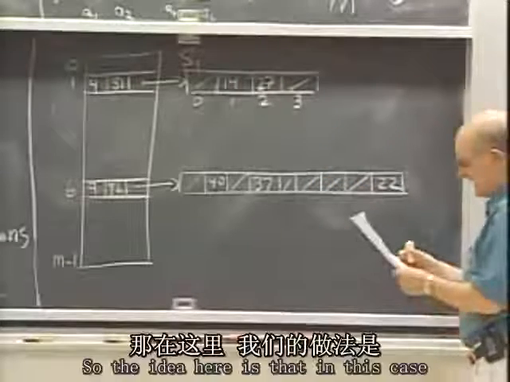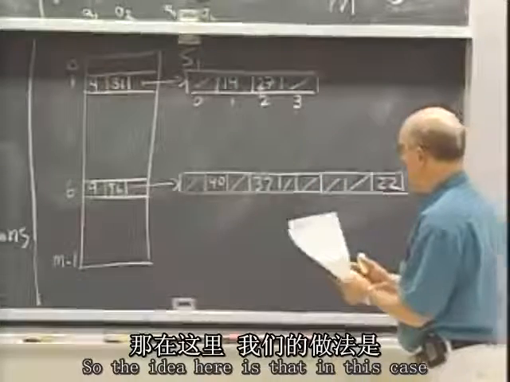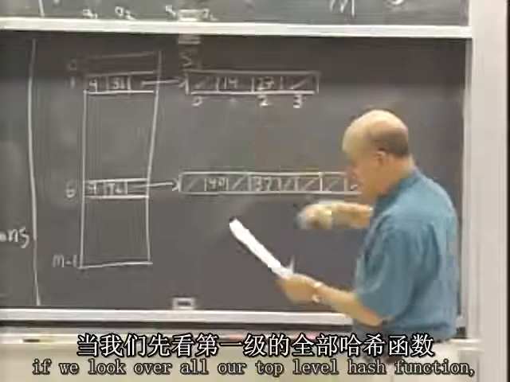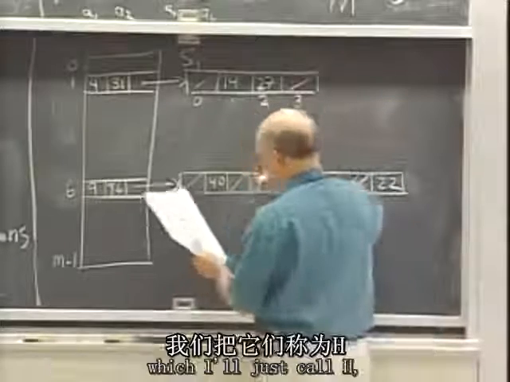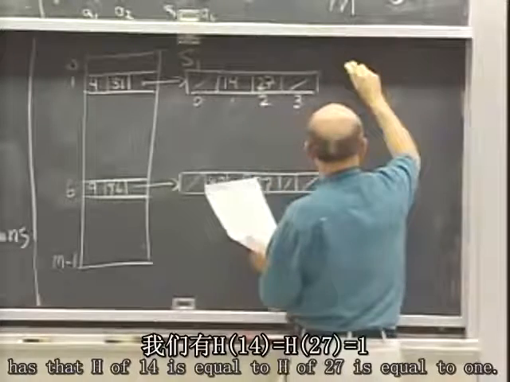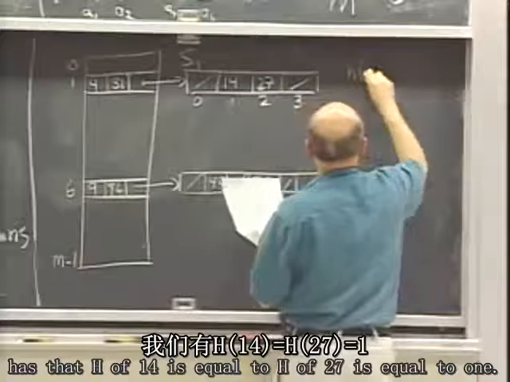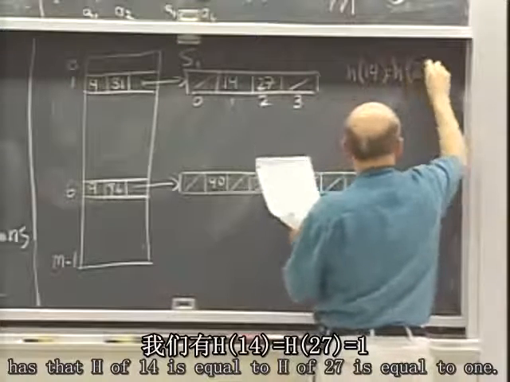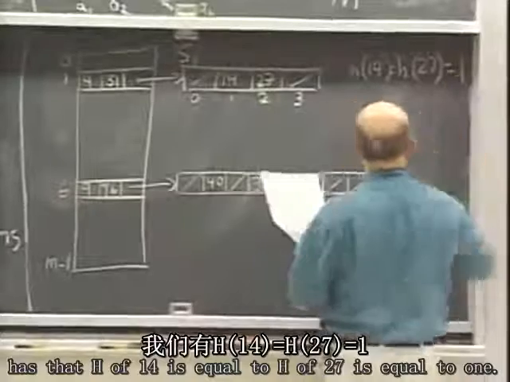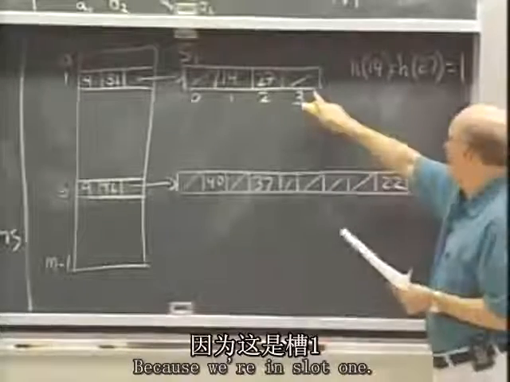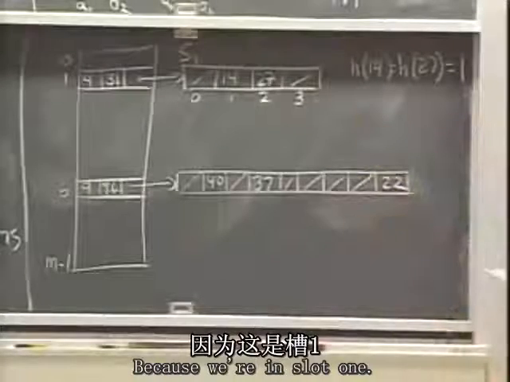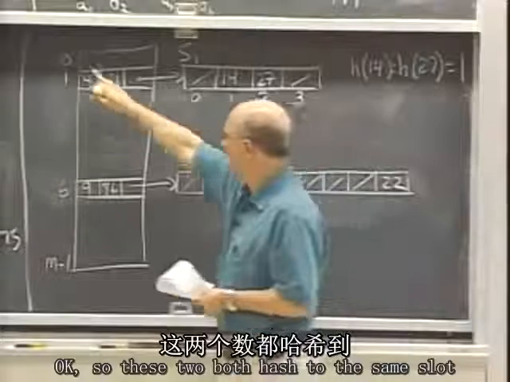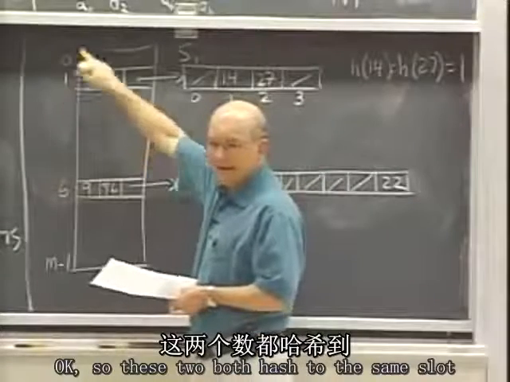So the idea here is that if we look overall, our top level hash function, which I'll just call h, has h of 14 equal to h of 27, which is equal to 1, because we're in slot 1. So these two both hash to the same slot in the level 1 hash table.